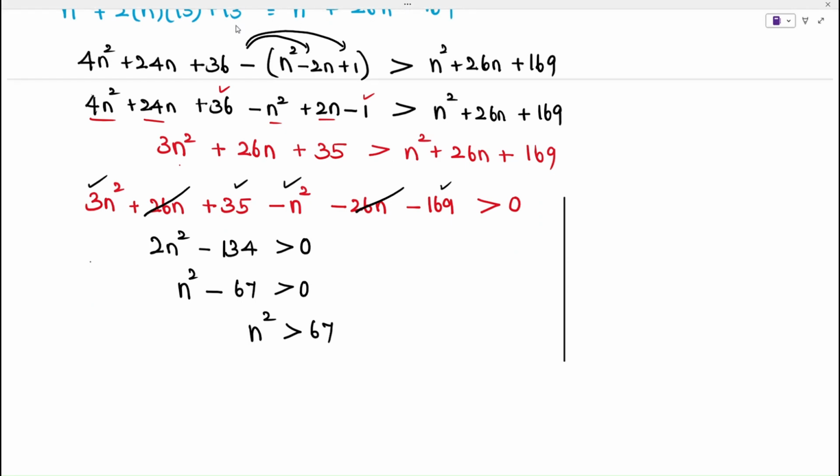So we know that 8 squared is 64, but this 64 is less than 67. The next integer up from 8 is 9, and 9 squared is equal to 81. This is the first integer value that has its square greater than 67, so our value of n is 9.